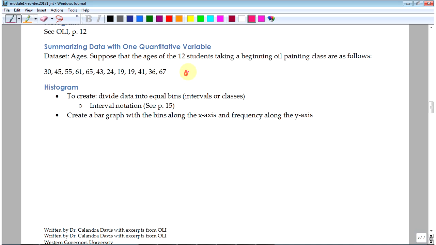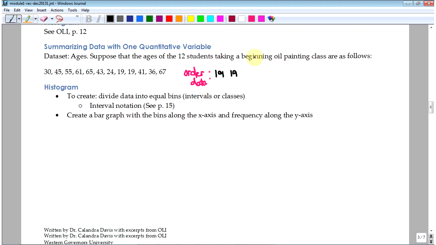So to help me, before I do that, I should order my data so I can more easily see what is my smallest data value, what's the largest, and get an idea of the intervals that I may want to use.